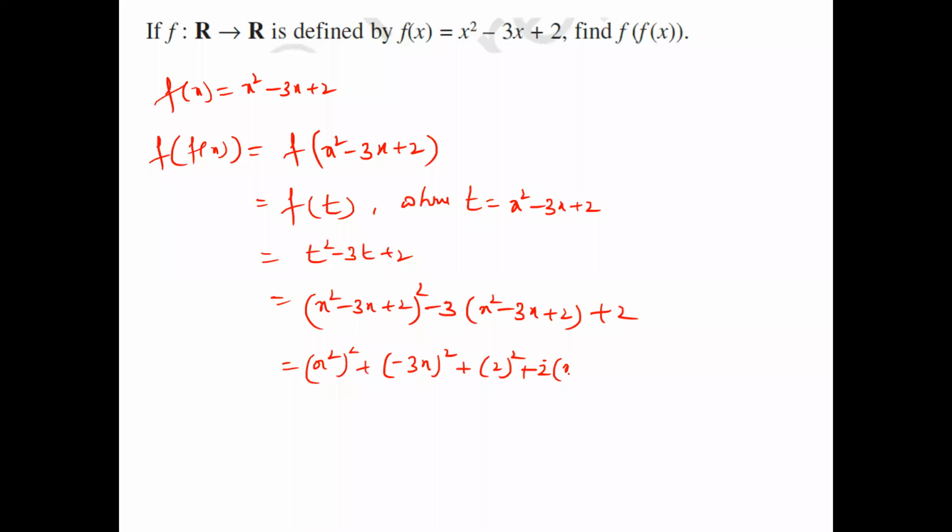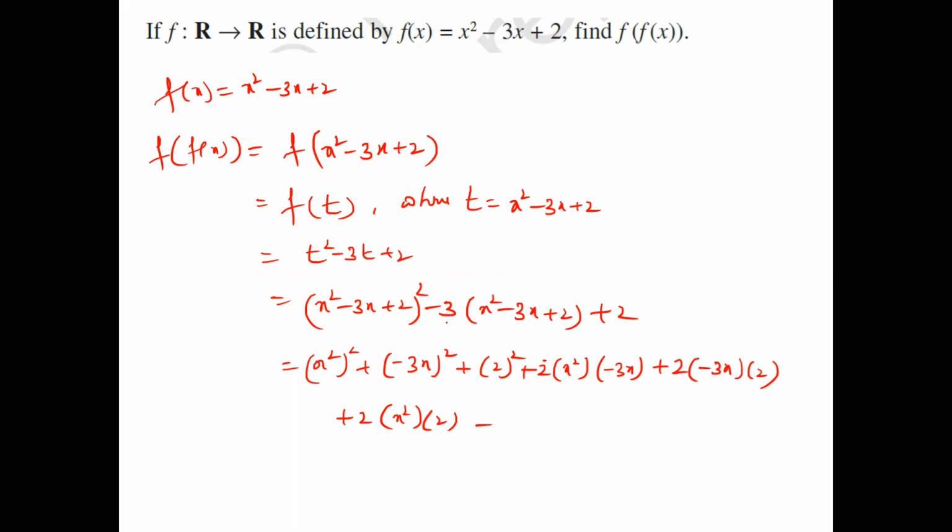What is the a value? x square. What is the b value? Minus 3x. Plus 2bc, minus 3x times 2. Next plus 2ac, that means x square into 2.